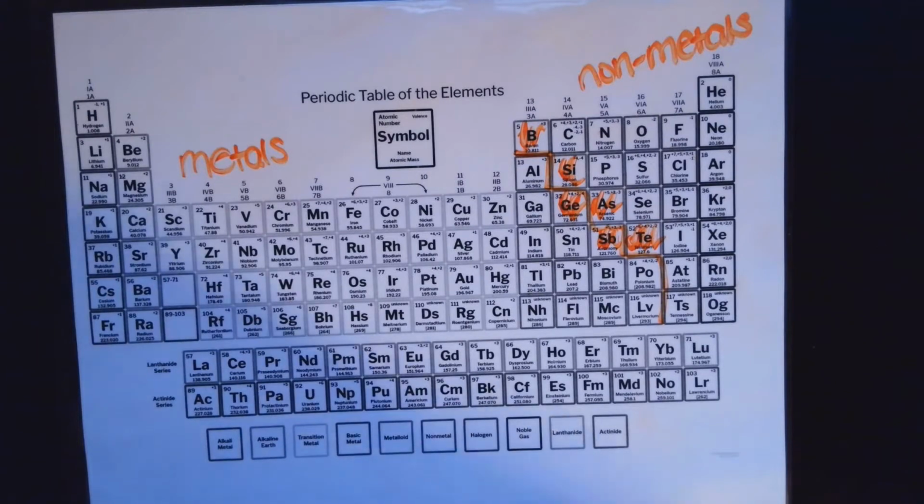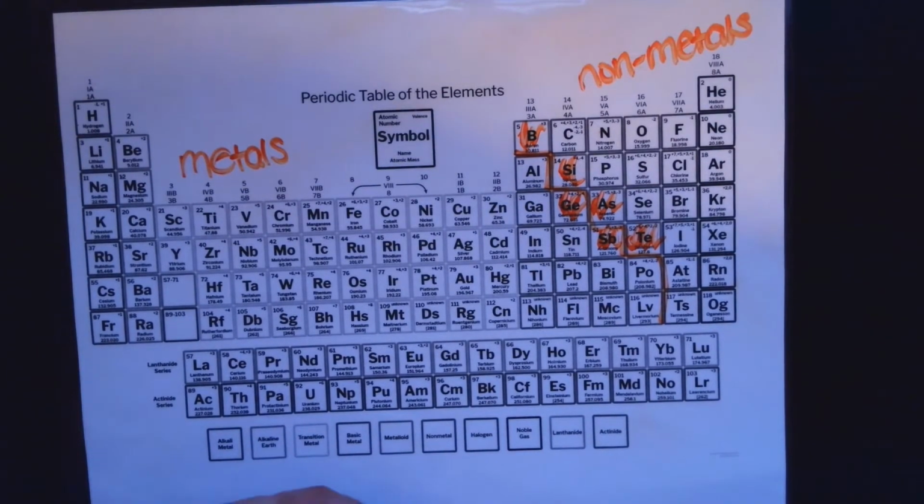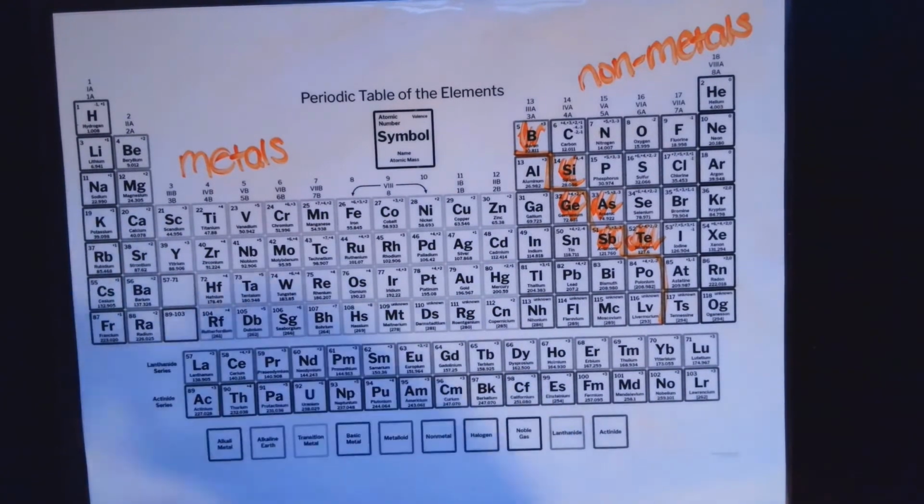I'm going to have a video after this that breaks down covalent and ionic compounds, but I just want to introduce them briefly now. There are two different types of compounds.